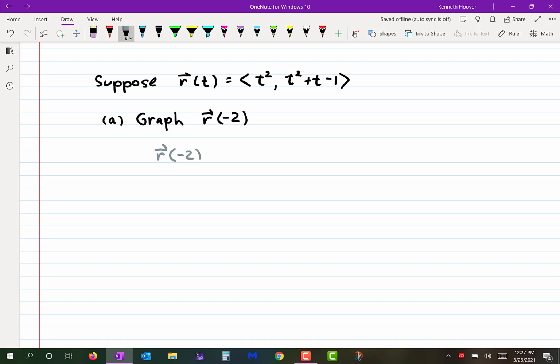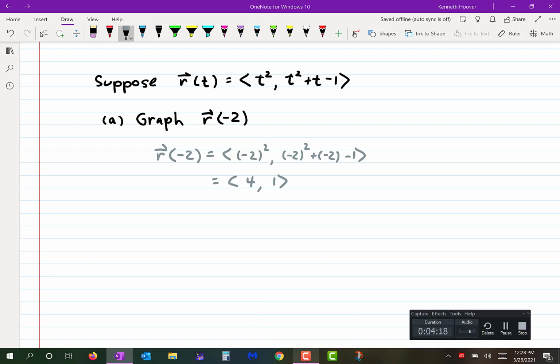R of negative 2 would be the vector negative 2 squared, comma, negative 2 squared plus negative 2 minus 1.